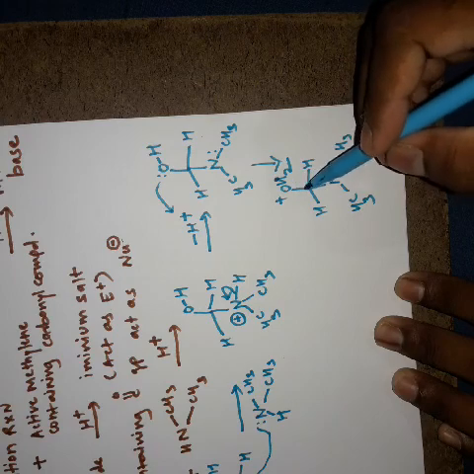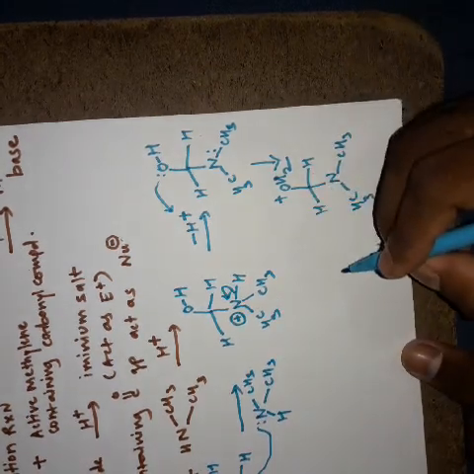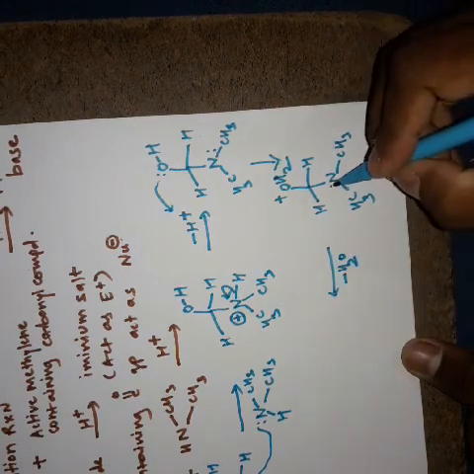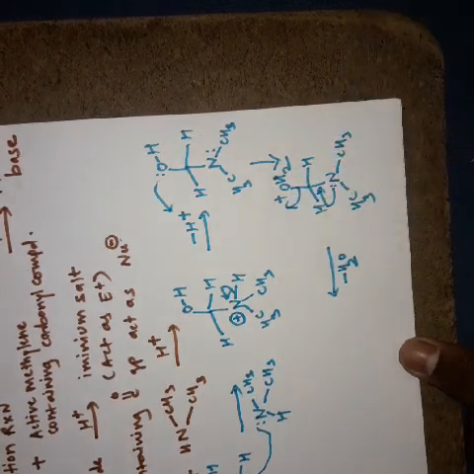As soon as the oxygen's lone pair accepts the H plus ion, it becomes a water molecule, and as a leaving group, because the oxygen carries a positive charge, the water molecule can be eliminated. We need a force, so the lone pair of nitrogen will give the force to eliminate the water molecule.